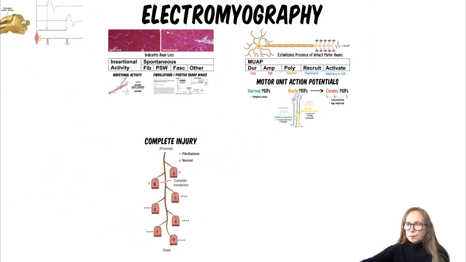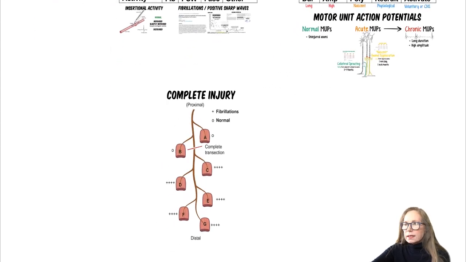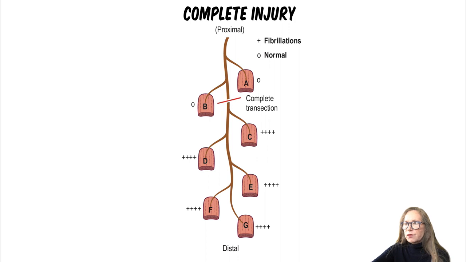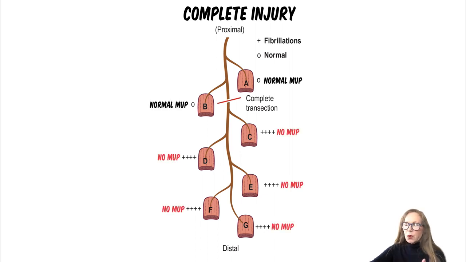Let's just take a look at these two cartoons here. This is a complete transection. There's various muscles. We're seeing fibrillations, and then distal to that with recovery, we'll see motor unit potentials. In this situation, there's no recovery, complete injury, no motor units recovering.